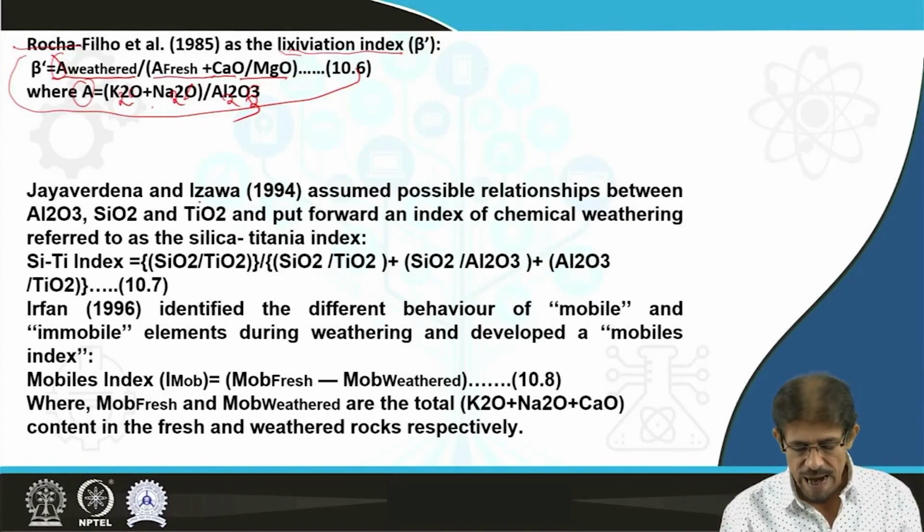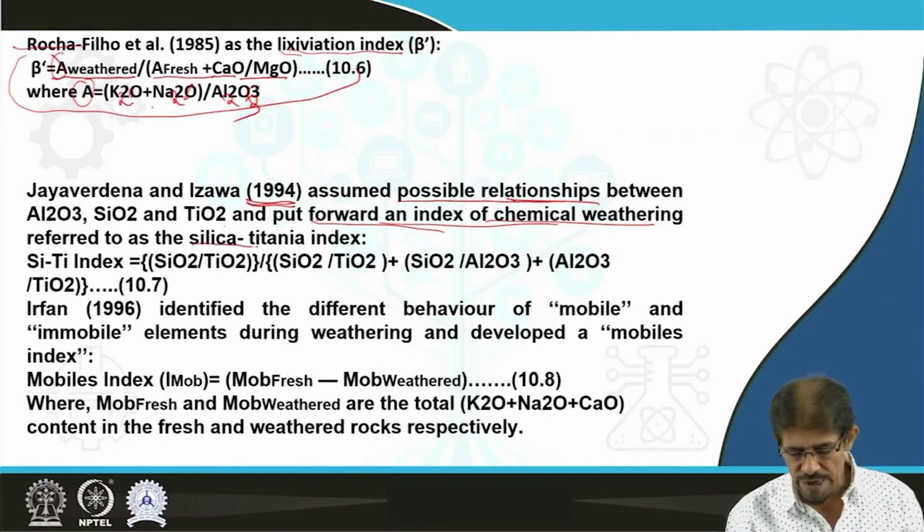Jayawardhane and Ijawa in 1994 again attempted the same problem, and they assumed a possible relationship between Al2O3, SiO2 and TiO2 and put forward an index of chemical weathering as a silica titania index. The SiTi index is very simple.